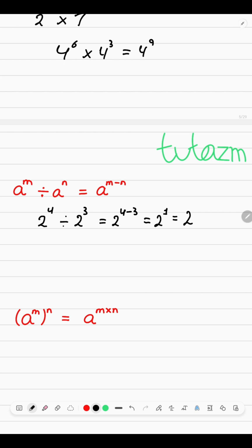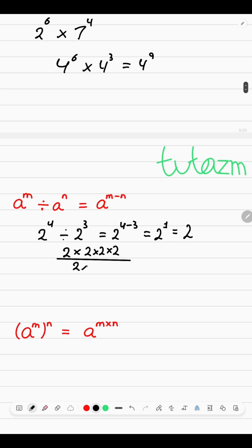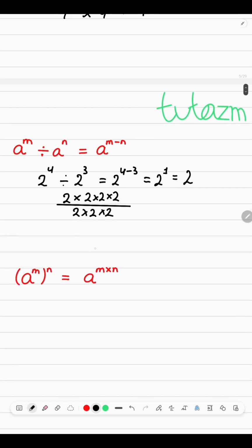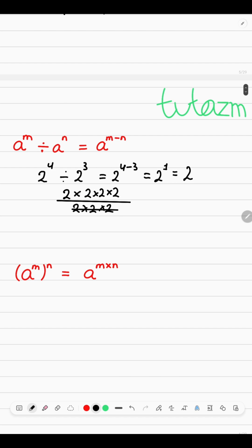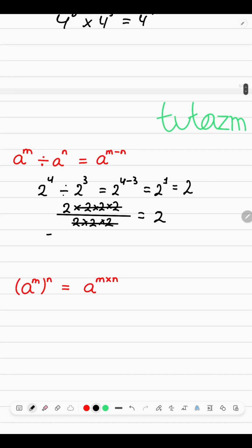The reason for this is that if you were to actually write it out, 2 to the 4 would be 2 times 2 times 2 times 2, and 2 cubed would be 2 times 2 times 2. These would cancel out, and you're left with just 2. So if you have 3 to the power of 6 divided by 3 to the power of 4, that would give you 3 squared, which is just 9.